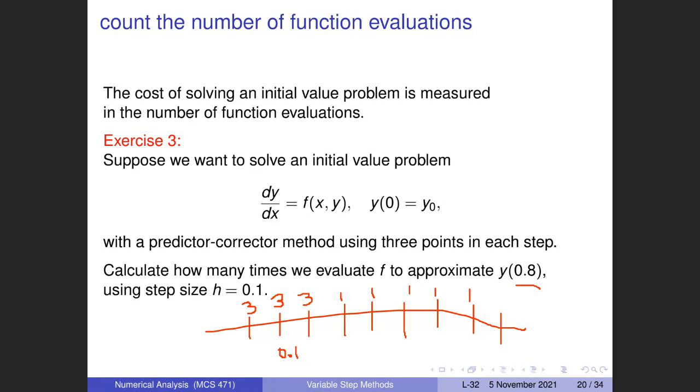The total number of function evaluations is indicated on top of this line, and that determines the cost. Compared with the Runge-Kutta method, you have to multiply 8 times 3, so you do 24 function evaluations in total.